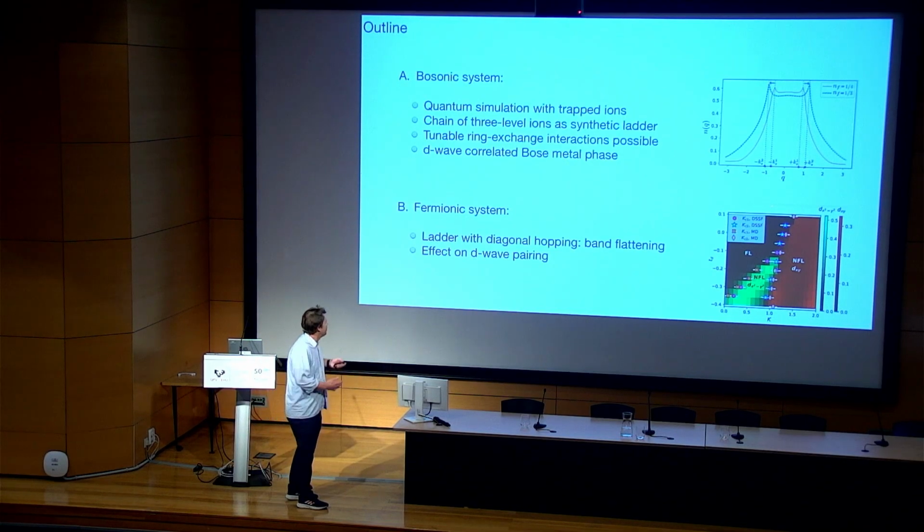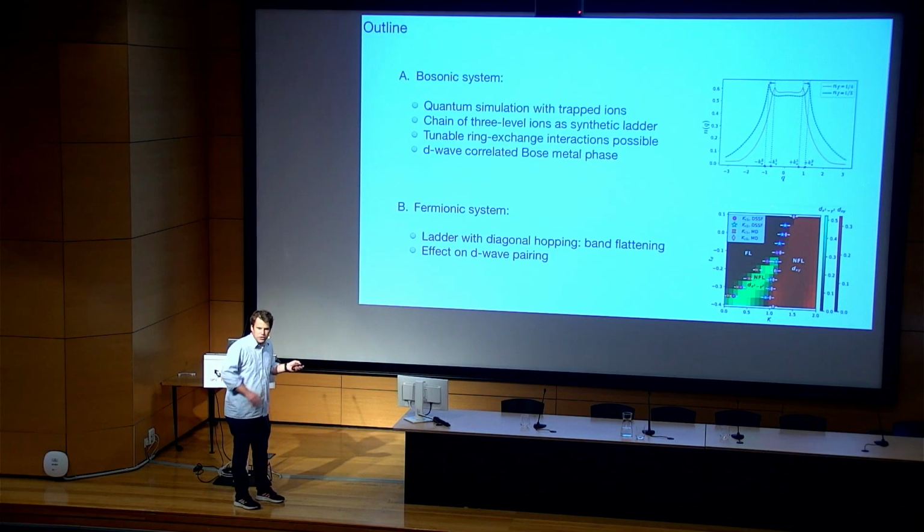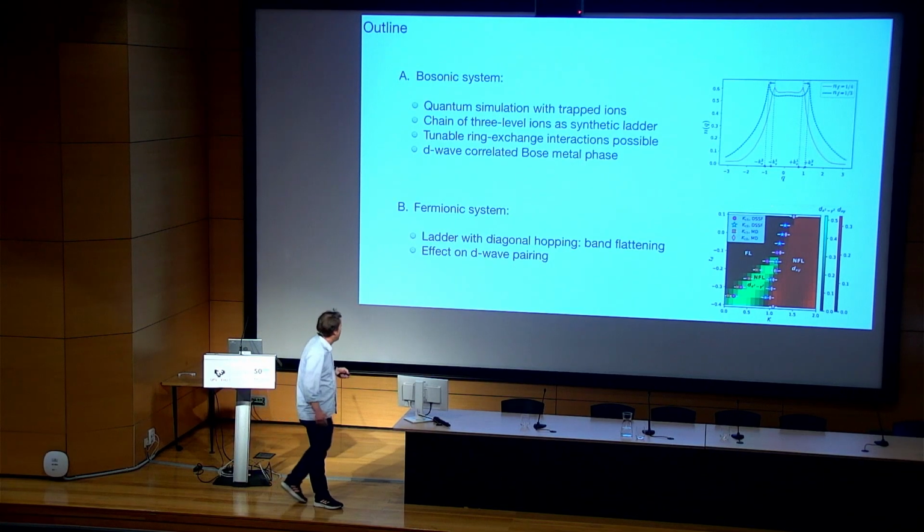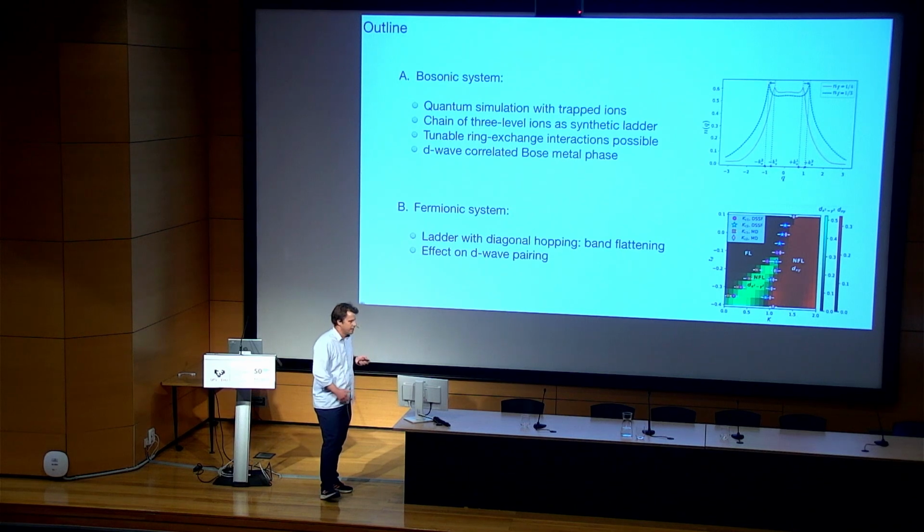And then in the very end, I will very briefly also switch to a fermionic ladder and show you how this D-wave paired phase can be modified there by band flattening terms.